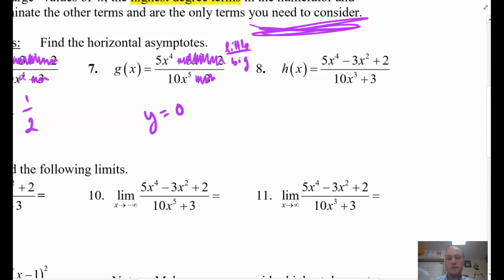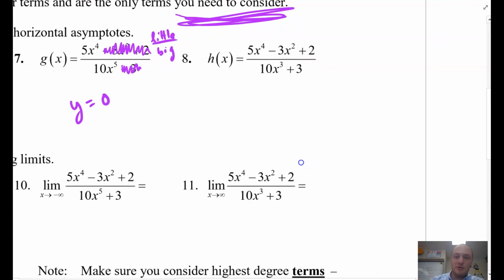That's the little over big. Now, this example is the flip of that, the reciprocal. It's the big over the little. Again, I don't care about any of these terms, and my numerator, x to the fourth, is bigger than my denominator. So in this case, we get no horizontal asymptote. No HA, so that asymptote does not exist.